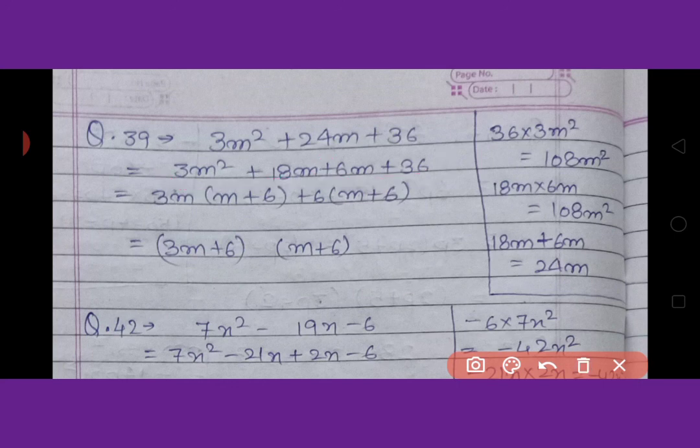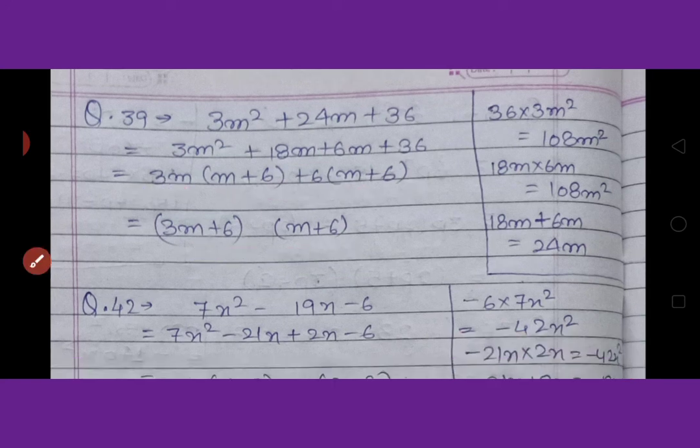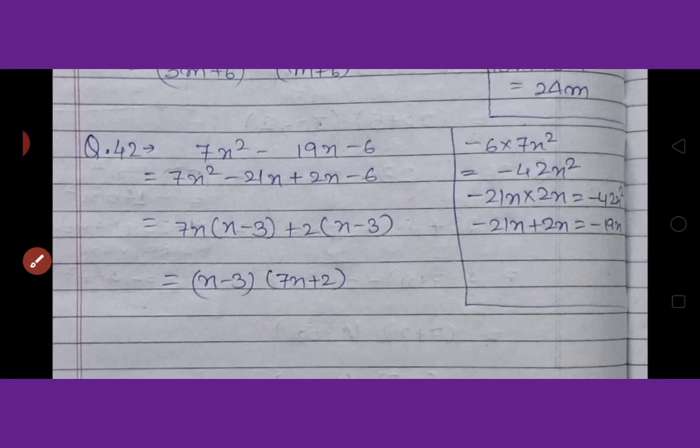So from the first group it has taken common 3m, so remain m plus 6, and from the second group it has taken common 6, so it remained m plus 6. So m plus 6 is common, we will take it out. In the second bracket we will write 3m plus 6, and this is the last question of this exercise which we are going to study.